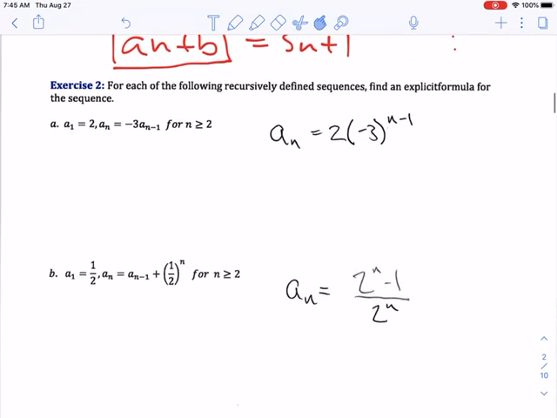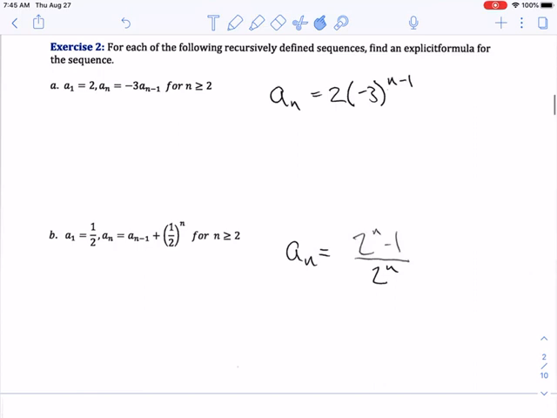Now, recursive. Recursives are sometimes a little trickier to play with, and sometimes you have to actually write out the terms of the sequence. So in a recursive, they always give you a sub 1. So the first term of the sequence is 2.